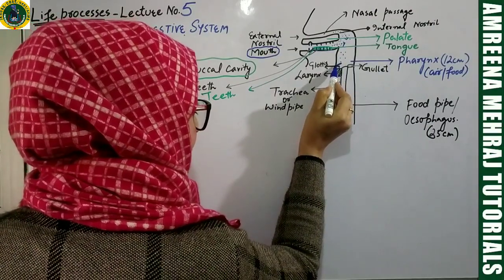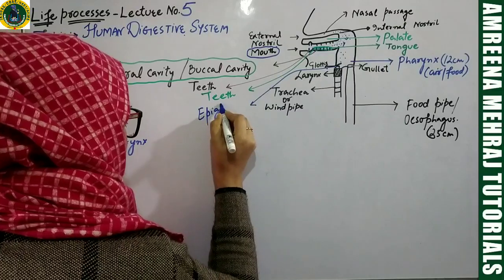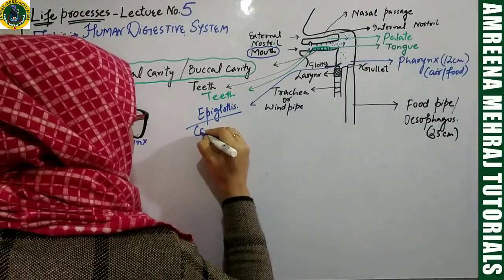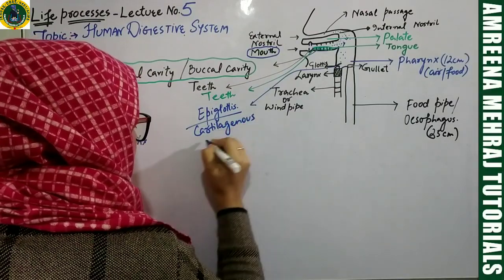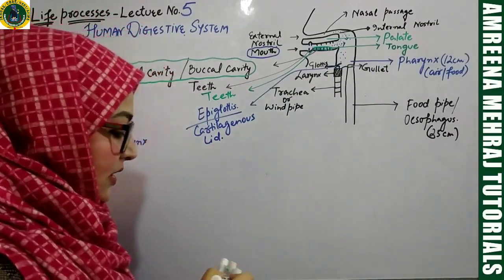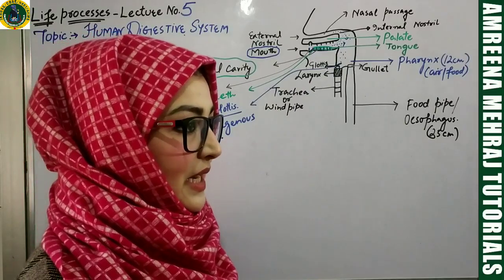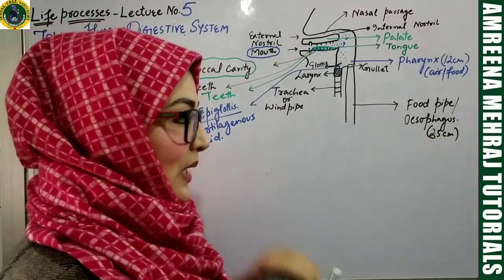This blue colored cartilage is called the epiglottis. What is it called? Epiglottis. It is the cartilaginous lid. Okay, the location is clear that it's present at the top of the windpipe. And the purpose is just to prevent the entry of the food into the windpipe once we swallow the food.